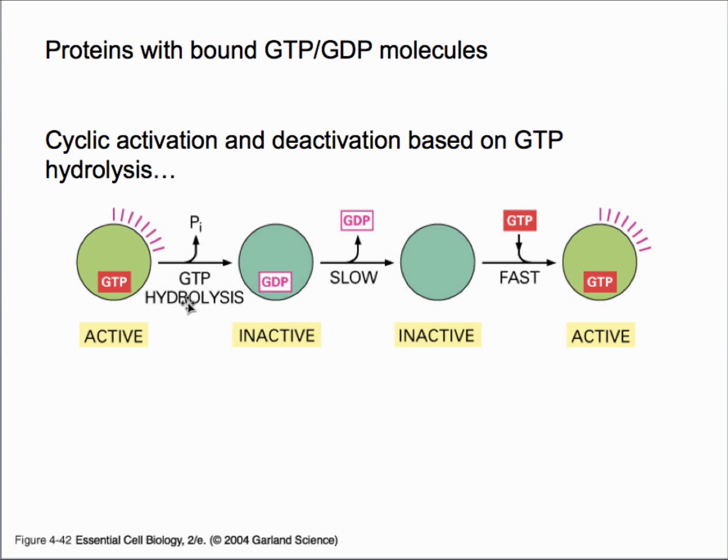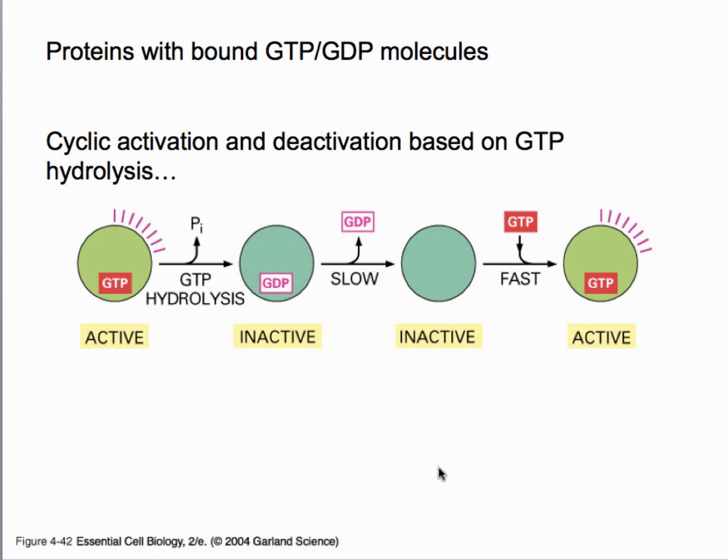As you can see here, there's a slow step and a fast step. The slow step indicates that the disassociation of GDP from the surface of the protein can take some time. So basically, these proteins have built-in timers whose time can be varied by circumstances within the cell.